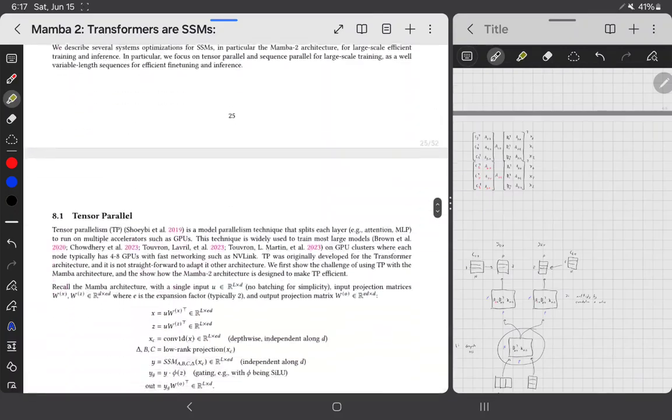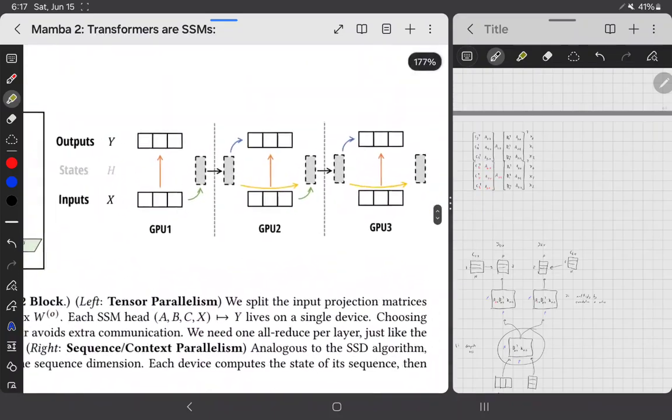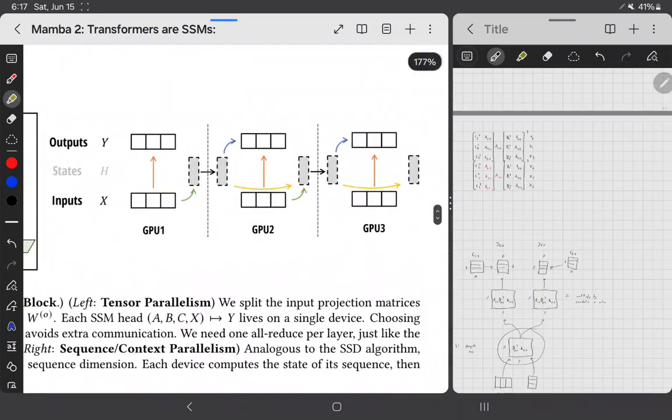So another thing. They have this tensor parallel framework. This is what I was talking about earlier. If you want to basically share information between GPUs, you can take a hidden state and put it on the other GPU, and you initialize the algorithm to this hidden state. And this allows you to compute on multiple GPUs. So this algorithm is very nice for multi-GPU. Softmax attention sucks for multi-GPU. It is annoying to do.